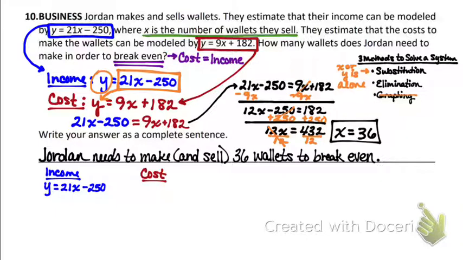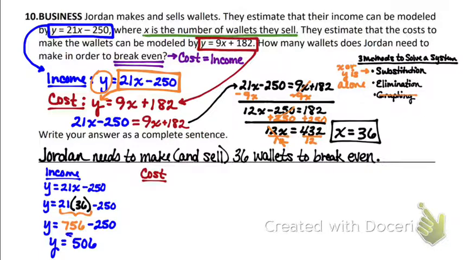The x. So y equals 21 times 36 minus 250. What is 21 times 36? 756 minus 250? 506. So that's how much money he's going to make if he sells 36 wallets.